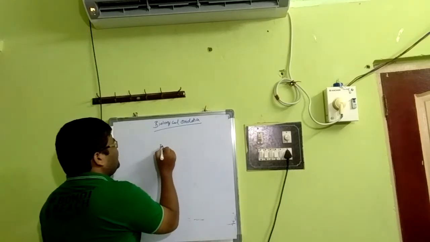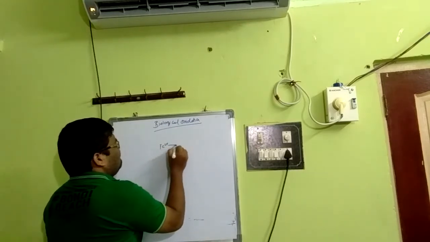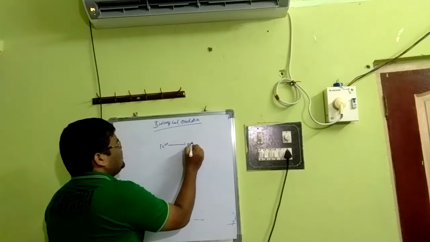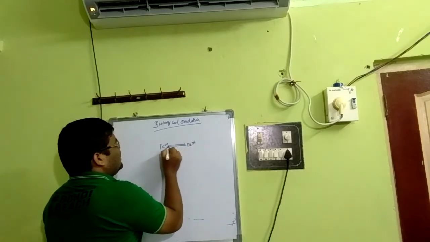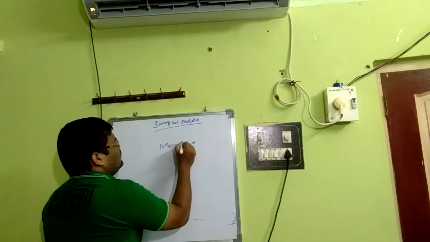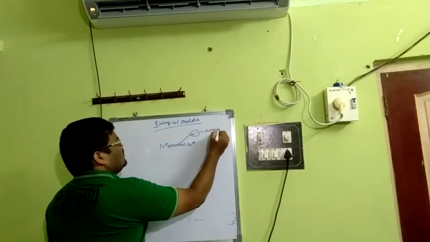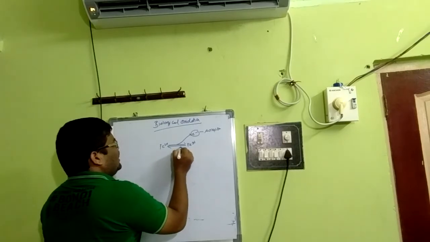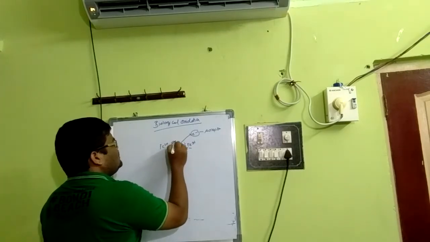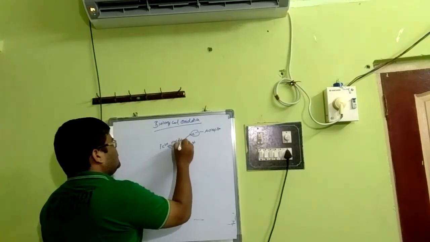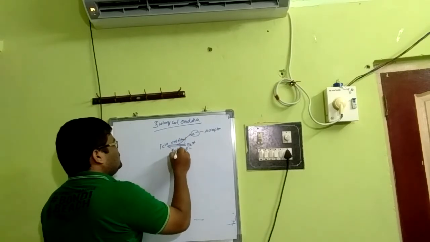Take an example of Fe2+. When it gets oxidized, it becomes Fe3+. When it is reduced again, it becomes Fe2+. In oxidation the electron goes out to an acceptor, and at the same time in reduction the electron enters.